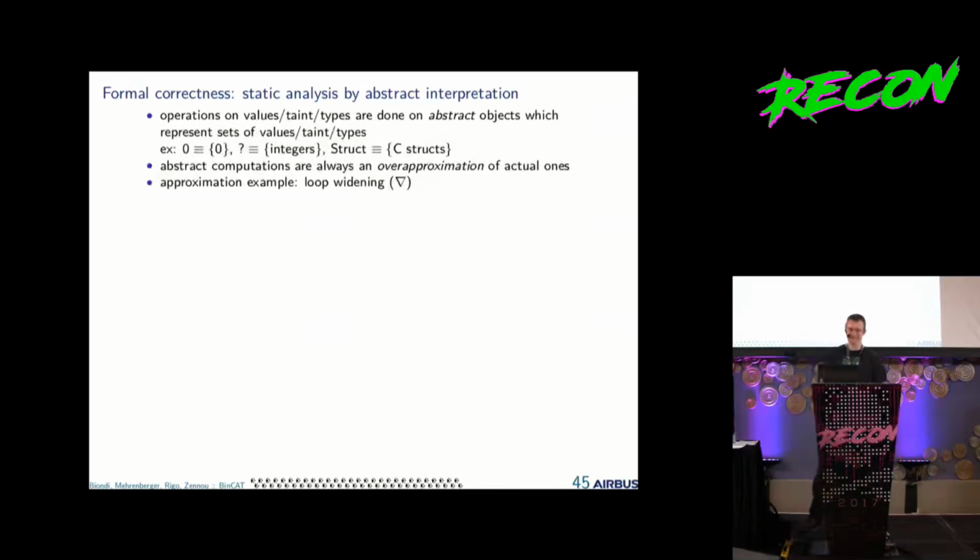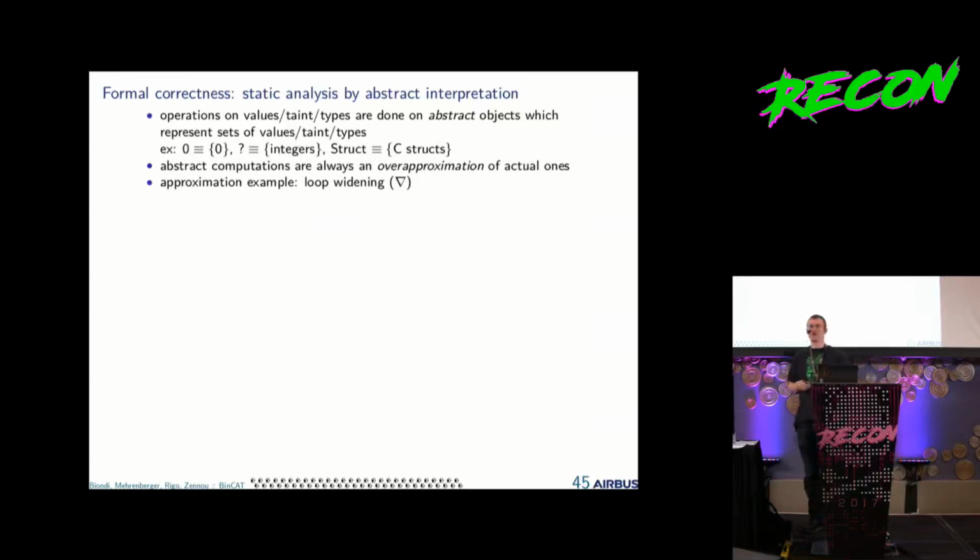Not easy. So instead of operating on actual values, for BinCAT we use values, taints, types, and other things. Instead of operating on real values, all operations are done on abstract objects, which actually represent sets of values or taints or types. For example, the abstract 0 represents the set of values containing only 0.